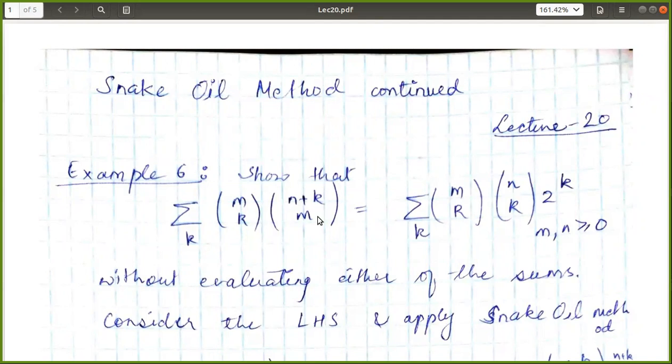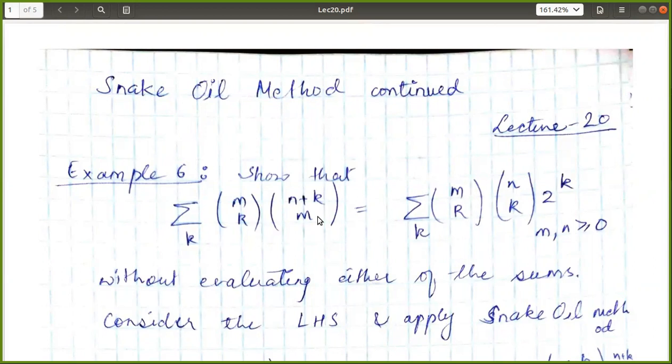Should the function be fixed for every k? No, of course, because the function can't be fixed. If the function becomes fixed, you are actually saying that the summation is running over constant terms, because you would say that tk plus 1 over tk is some alpha, I mean some fixed rational function, for example summation n choose k or something.